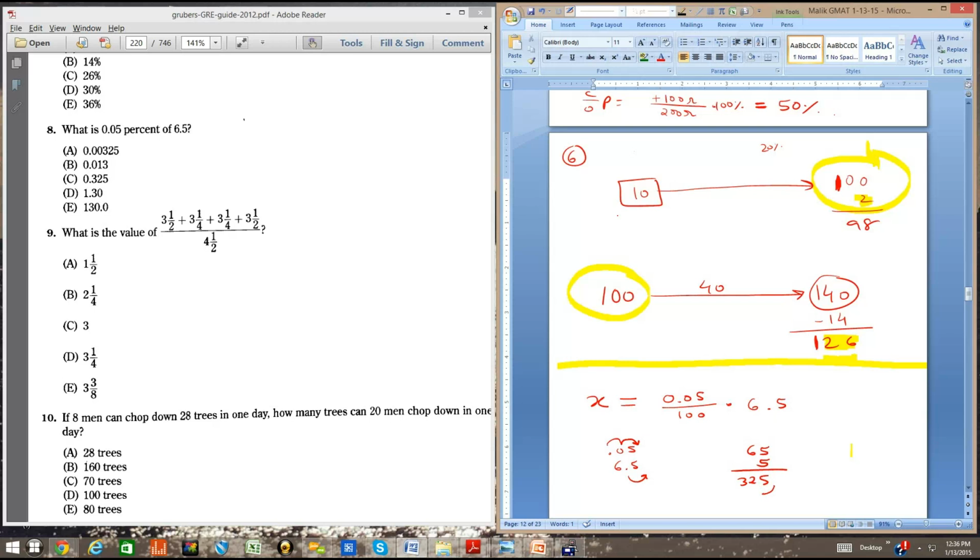The decimal goes back 1, 2, 3. This whole thing turns out to be 0.325 over 100. And since there's 100 at the bottom, the decimal goes back 2 more spaces. It's 0.00325. Is that clear?